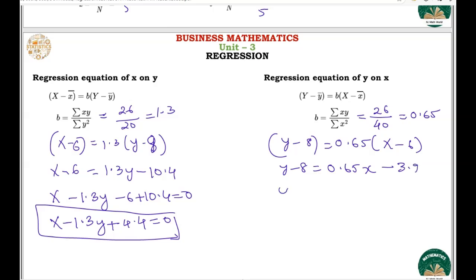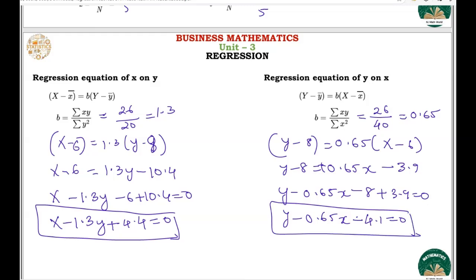So y minus 0.65x, if you take this to the other side it becomes minus, then minus 8 plus 3.9 equals 0. So here we can write y minus 0.65x, 8 minus 3.9 will be 4.1, minus 4.1 equals 0 will be the second equation.